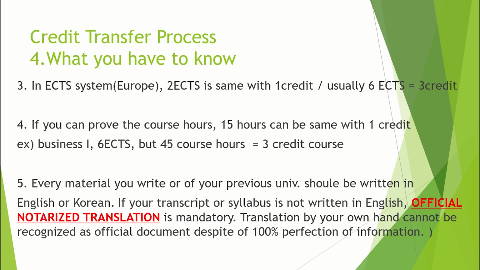But if you can prove your course hours officially, like from transcripts, then 15 course hours can be 1 credit. But be careful, it is the course hours, not the study hours in your syllabus. They are quite different.